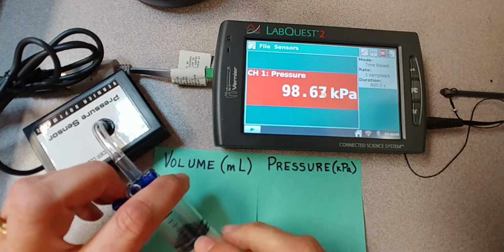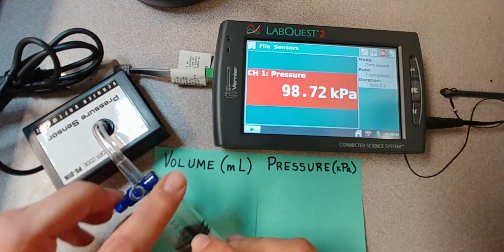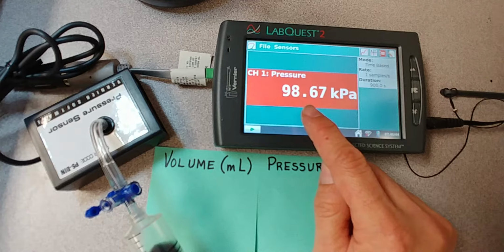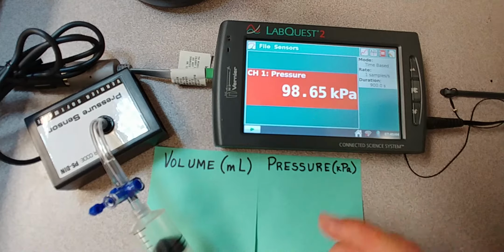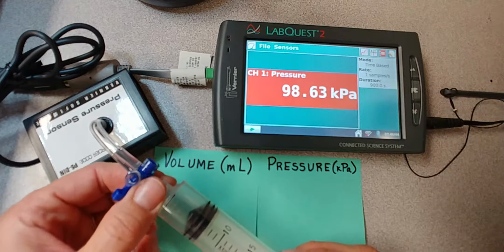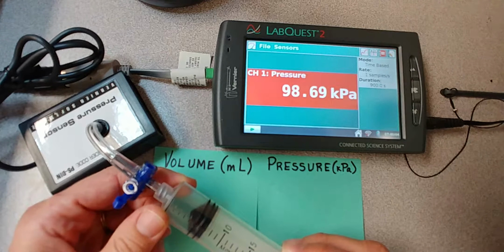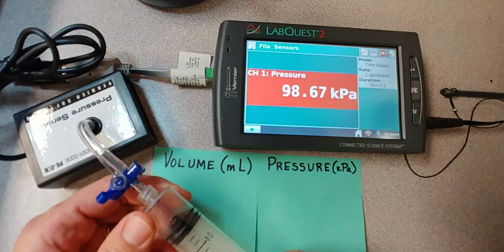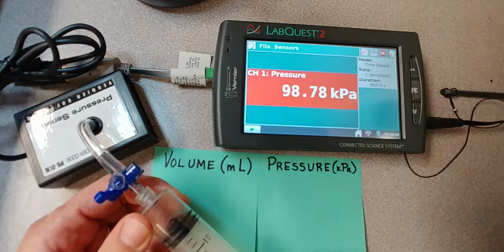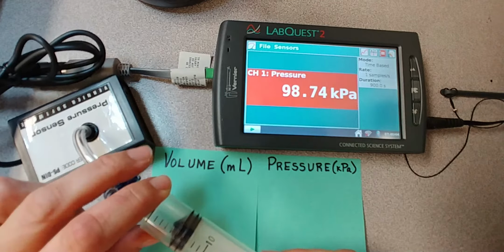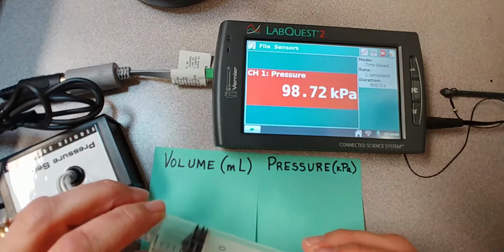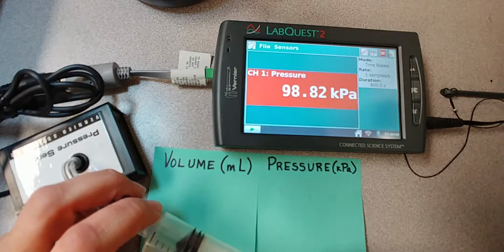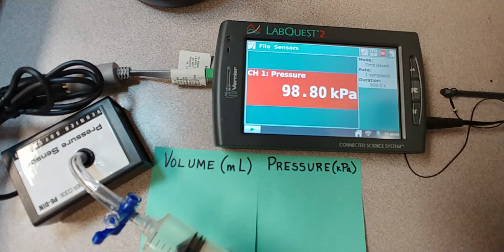In your volume column, you're going to go ahead and record that 5 milliliters and this pressure here, so 98.7 kilopascals. I'm going to change the volume, and as I do that, I'll tell you what volume I have in the syringe, and you can record that pressure. So feel free to pause the video if you need more time to record your data points. So again, started out with 5 and looks like now about 98.7 kilopascals.